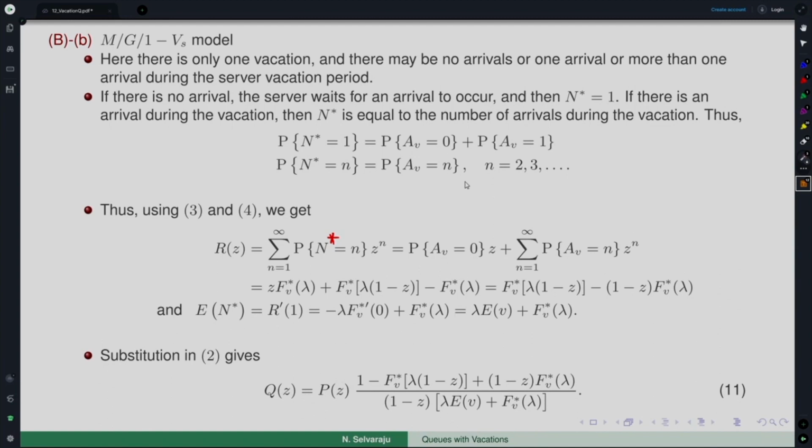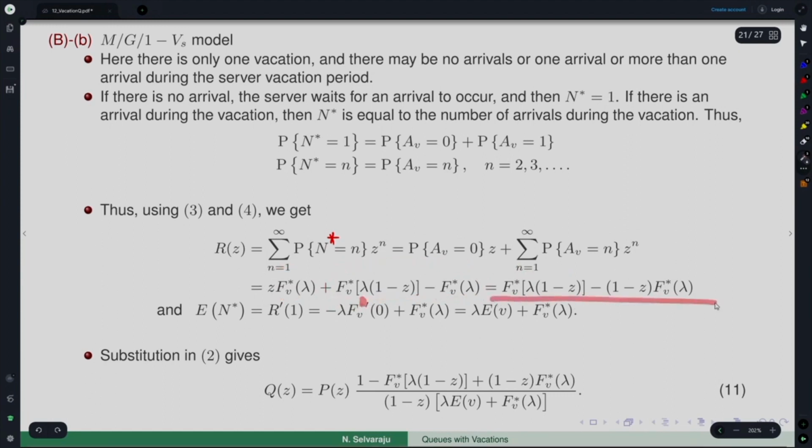Now, if I use the definitions of R of z and expectation of N star, N star equal to 1 is basically this quantity. So, one quantity I will keep outside, the other I am writing as part of this. This quantity will give me this expression and this quantity will give me this expression as earlier.